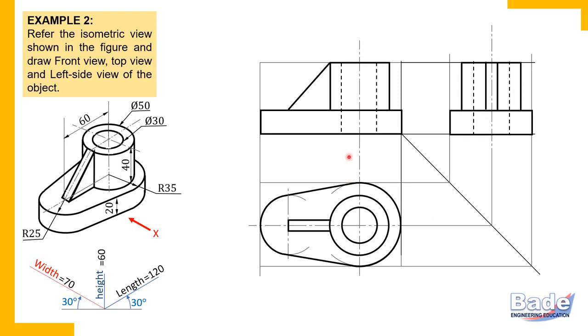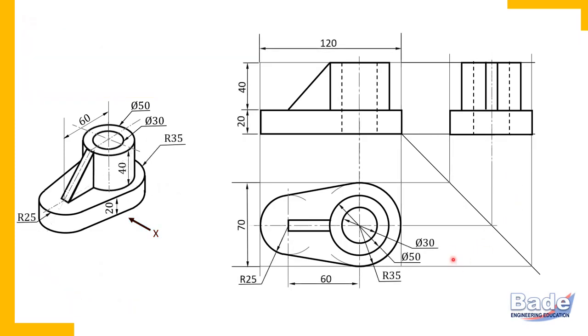Now watch, we have completed the front view, top view and left side view of the plate. Now let's insert all dimensions. So we have inserted the dimensions. Try to understand. All given dimensions are to be inserted parallel to length, 60 millimeter here. Now what is very important, something new in this diagram, try to understand.